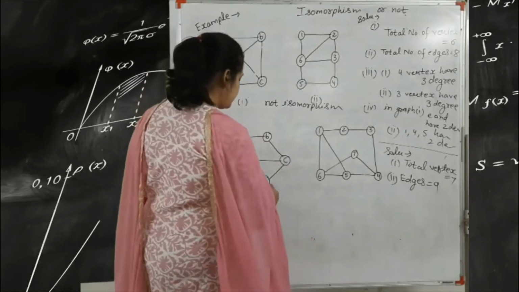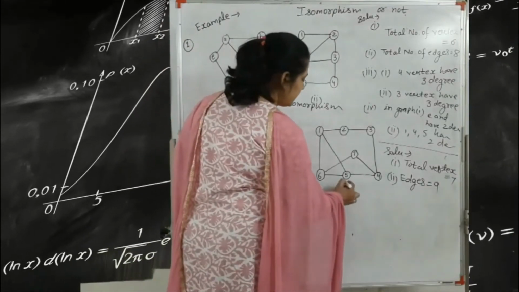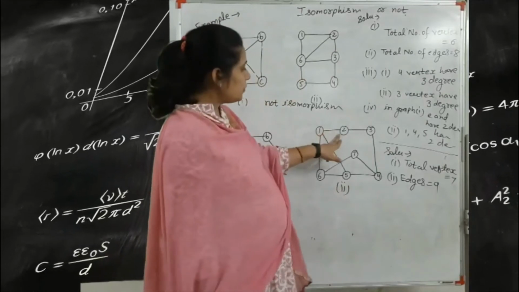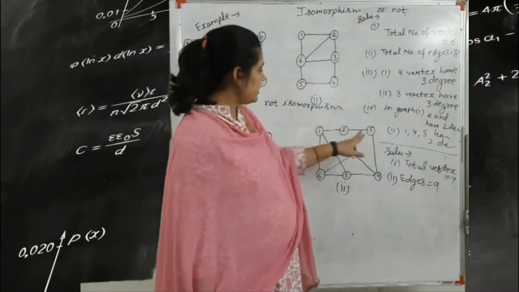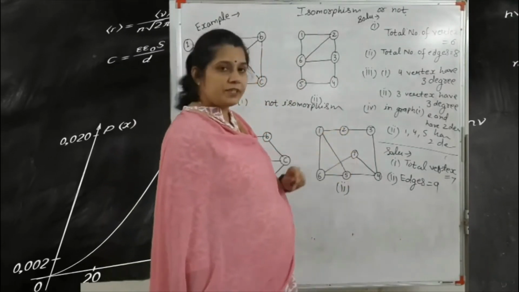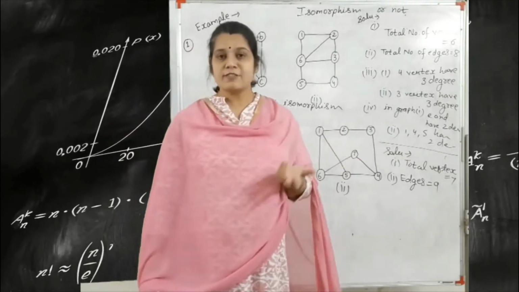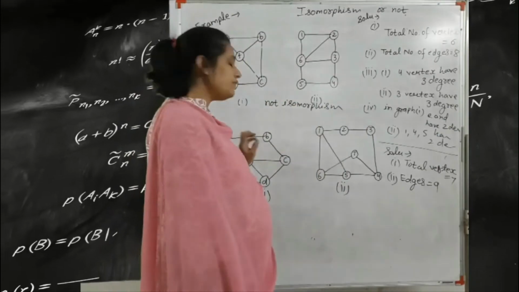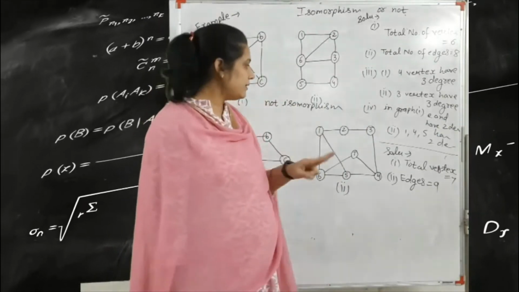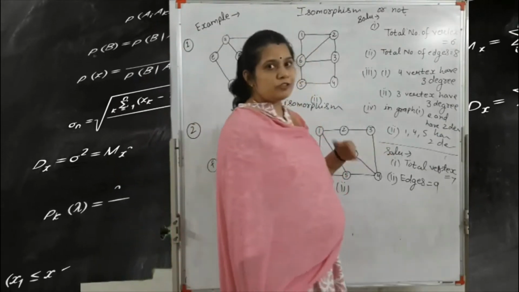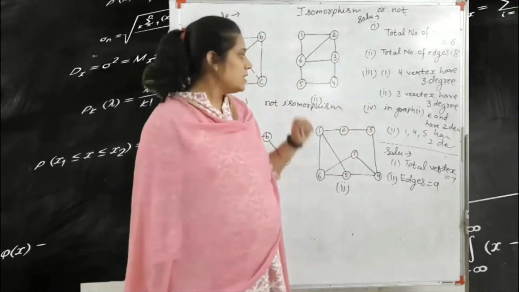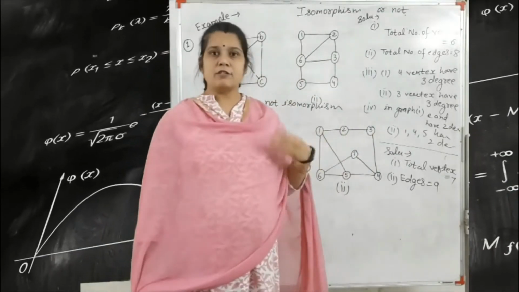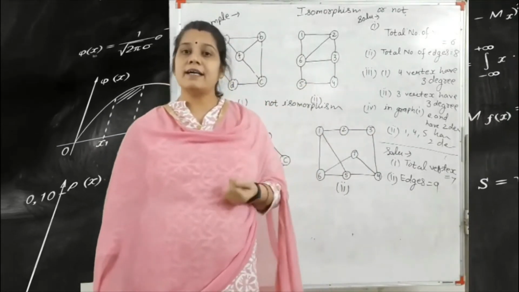According to our second graph, we find the degrees: 2, 3 and 7 have degree 2. That means this condition is also satisfied. In graph 1, 3 vertices have degree 2 and in graph 2, also 3 vertices have the same degree. So this condition is also satisfied for finding the isomorphism graph.